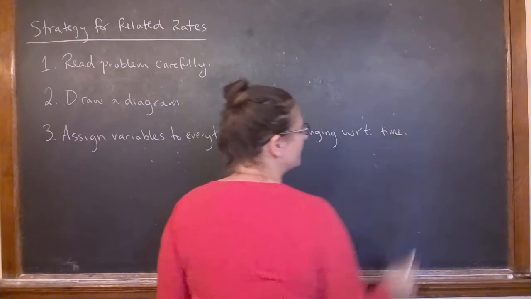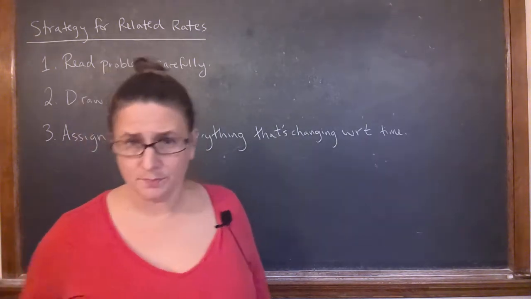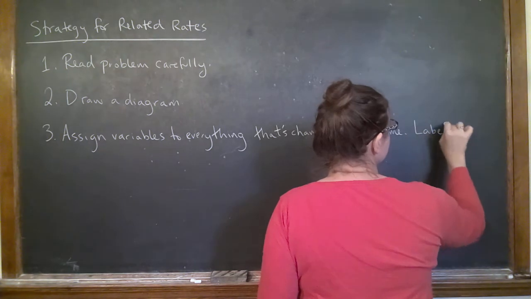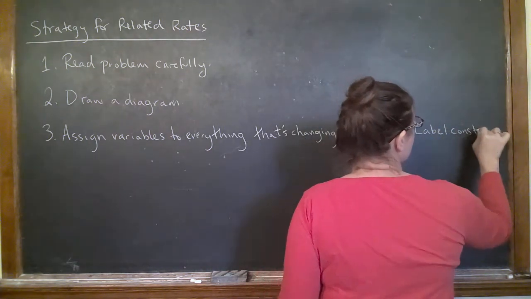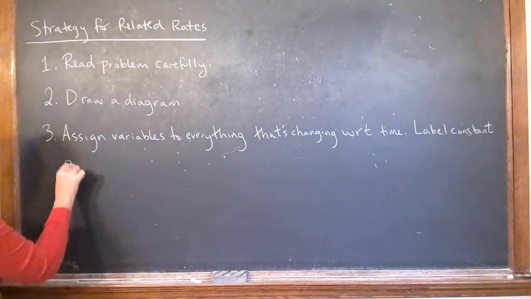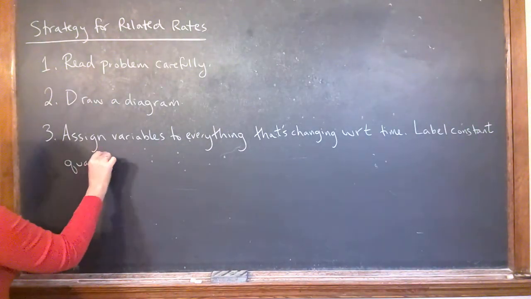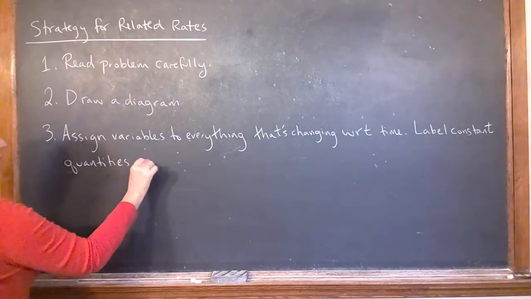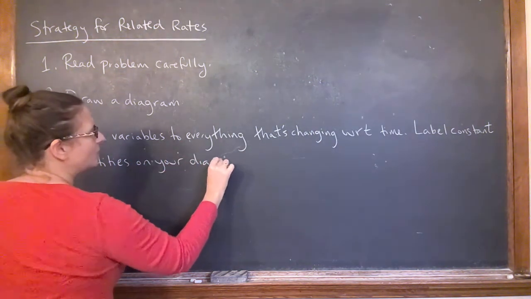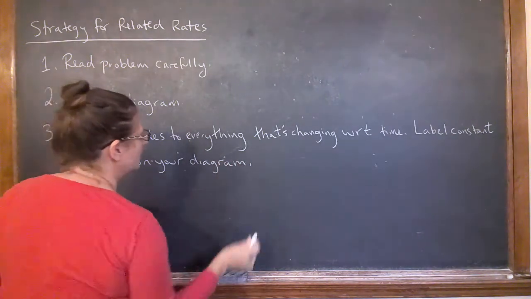And then for the constant quantities, you can just put them on your chart. So label constant quantities, because that is helpful on your diagram, and that is helpful when it comes to this next step.